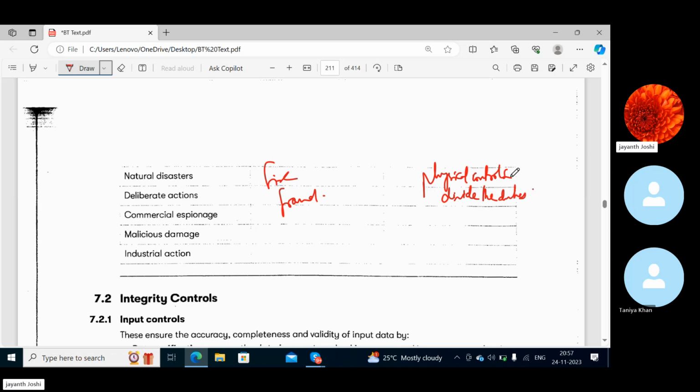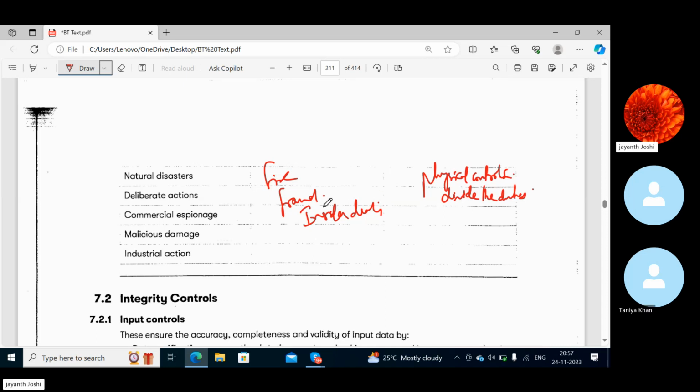Commercial espionage, that means insider dealing. Now, what is the meaning of espionage? If you can answer my question. The practice of spying.